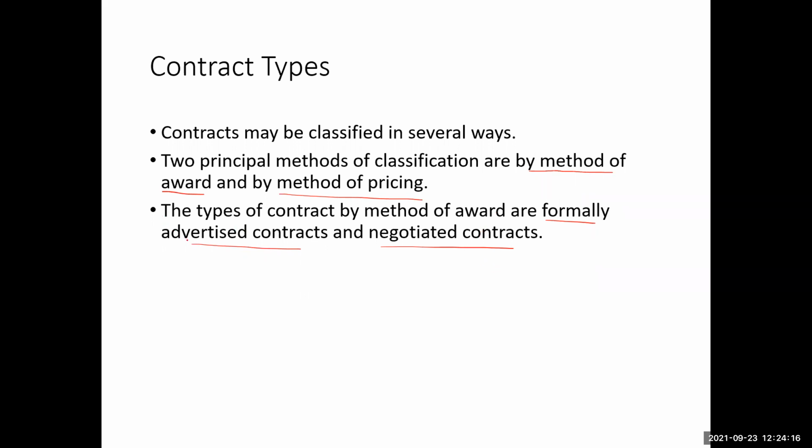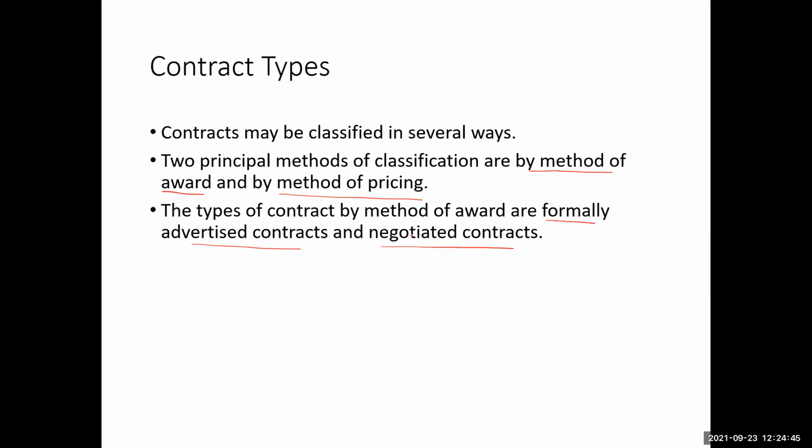The formally advertised contracts are those in which you put an advertisement for the project, and then you invite several contractors to bid for those projects. Sometimes those contractors may also be pre-qualified contractors. So this will be an open competition in the formally advertised contract.